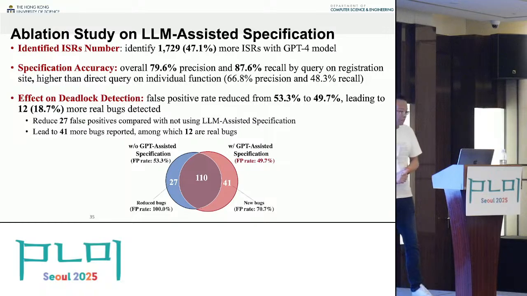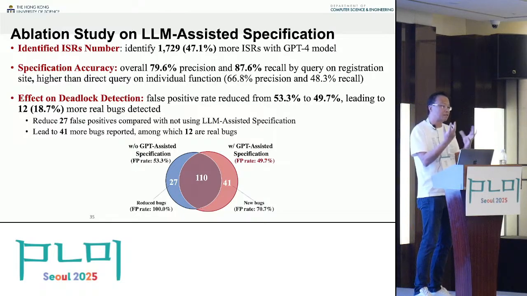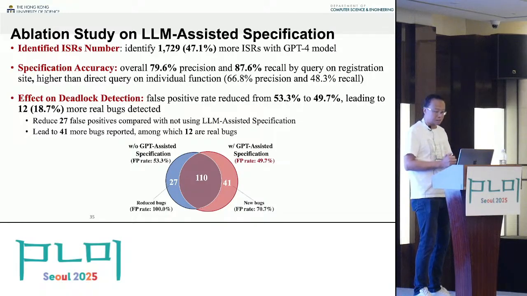Okay, so we can reduce false positives from the naive version of LLM. We can reduce a lot of false positives. We can find additional bugs. So this is a very interesting interplay of LLM with the static analyzer.